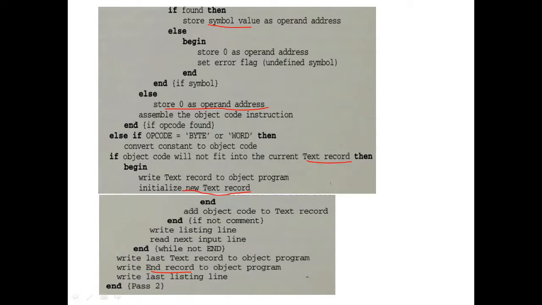So what will the end record have? It will have the starting address of the program, so that address will be stored in the object program here. So write the last listing line. The last listing line will be the end record line. So this is the end of the pass two assembler algorithm.